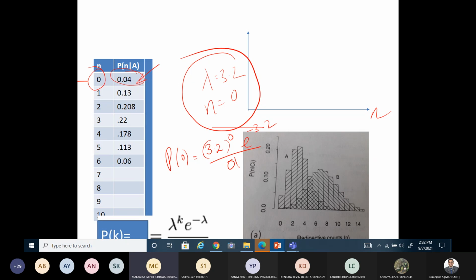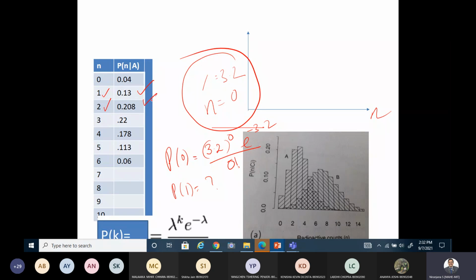Yes, sir, it's the same as what you wrote. It is correct. What is the value of 0 factorial? Very basic. So 1. All of you know that anyway. Similarly, you calculate other values, P of 1; I just calculated it here, you can verify that.